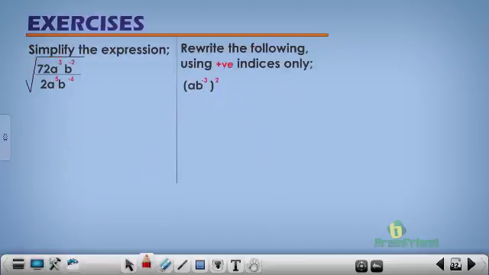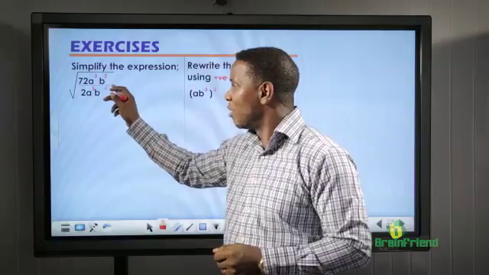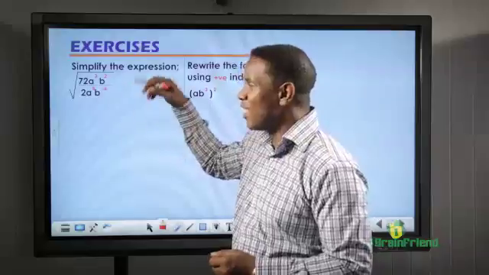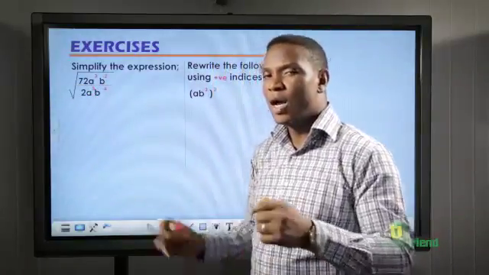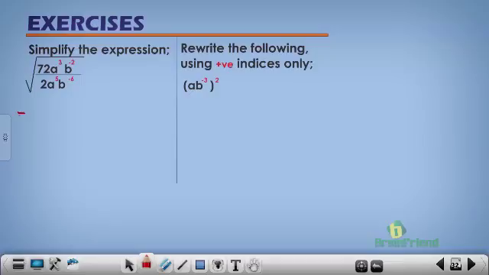If you were asked to simplify 72a raised to power 3 times b raised to power minus 2 all over 2a raised to power 5 times b raised to power minus 6, all enclosed in the square root of all of that, how would you go about solving this?